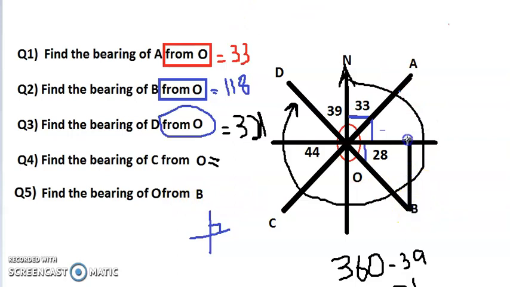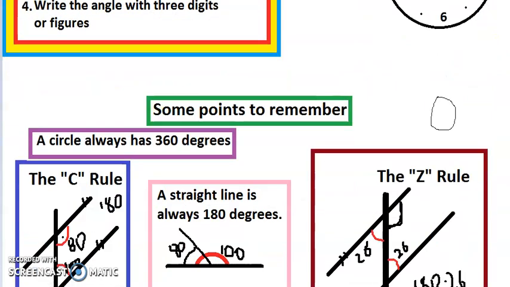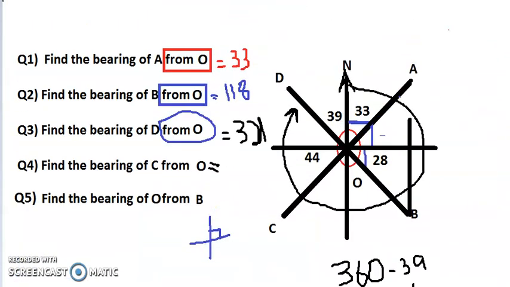So I'll draw a line over here. Now this is north. The second part we needed to find was the angle going clockwise. Now the angle going clockwise is from B, right? Clockwise means in this direction, and therefore from B means from here all the way to here.